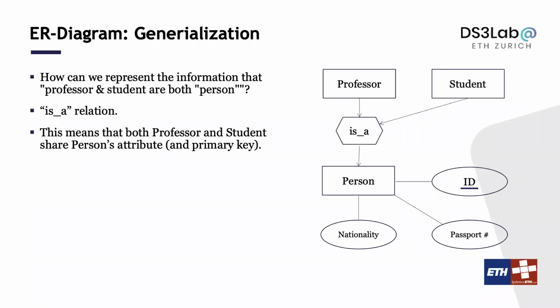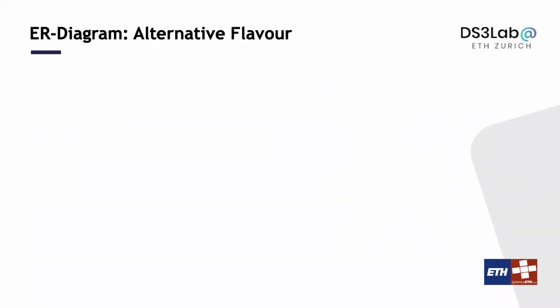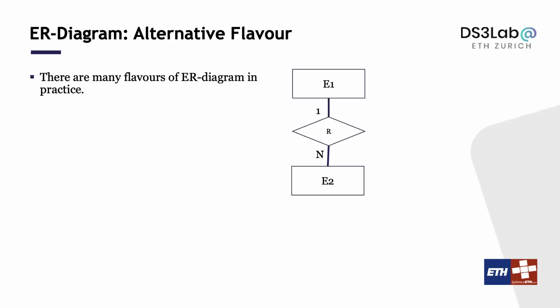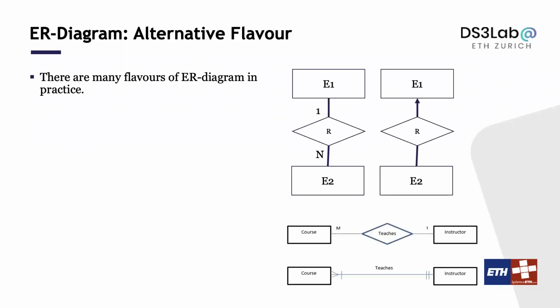Really pretty natural. Okay. Another thing about ER diagrams is that there are actually a lot of flavors of them. In practice, you will see a whole bunch of different ways to draw the same thing. For example, these are three different ways to specify the many-to-one relationship, right?